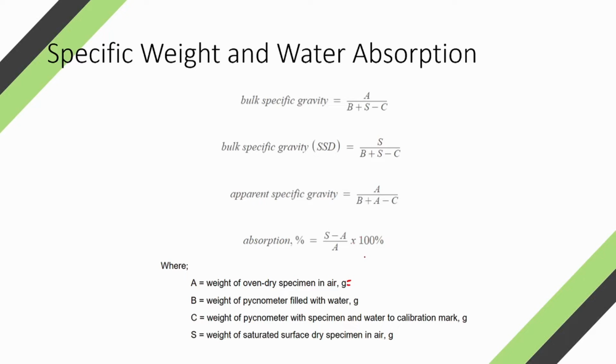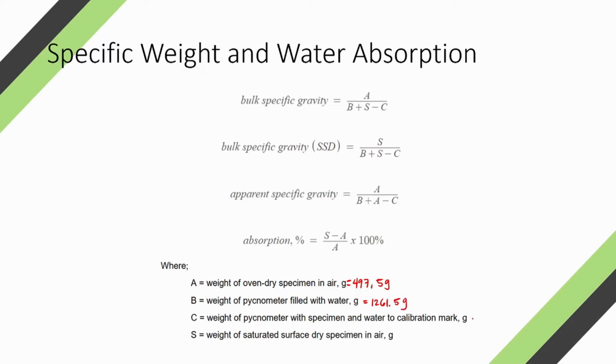So, base sa mga nakuha nating data kanina, let us try to do this as an example. Yung A natin is yung weight of oven dry specimen in air, which was 497.5 grams. Next is yung weight of pycnometer filled with water, yung wala pa yung specimen natin, that was 1,261.5 grams, up to the calibration mark.